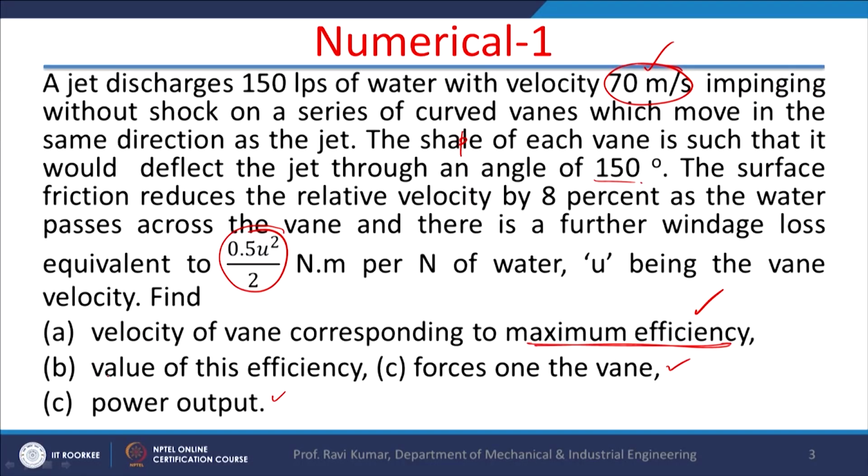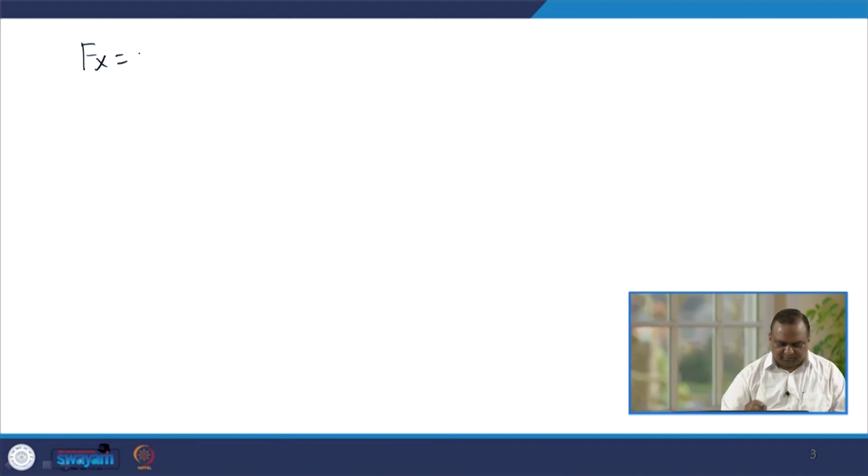Now, the B part: the velocity of the vane corresponding to the maximum efficiency is 30.73, right, and the value of this efficiency has turned out to be 78.9%. Now, force on the vane. First of all, force in the horizontal direction. It is very simple to calculate.